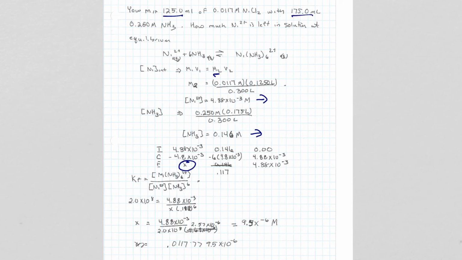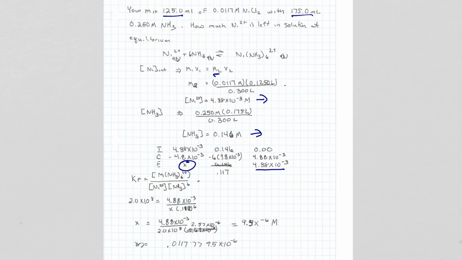So our initial nickel concentration becomes our final or equilibrium complex ion concentration. So we actually know the change here. Stoichiometrically, we can subtract that, and theoretically it should equal 0, but we're going to pretend that it doesn't exactly go to 0.